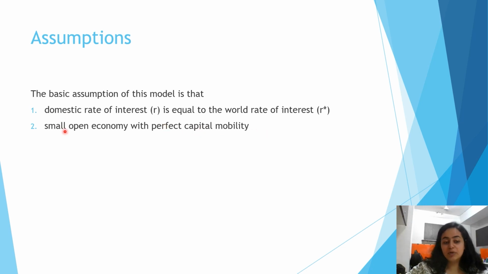Open means that it trades with the rest of the world or can borrow and lend from the international capital market. Small means that its prices can be affected by the rest of the world, and the economy itself doesn't have the power to affect the prices of other countries. Perfect capital mobility means that capital can move in and out of this country with respect to the rest of the world.